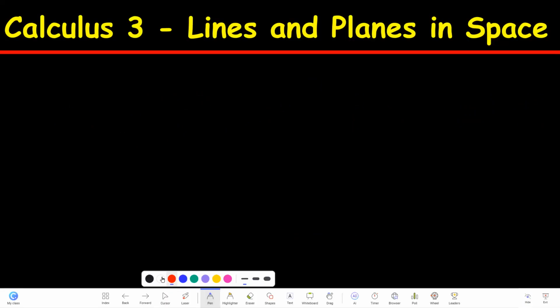Let's take a look at another problem. Last time we talked about how we can determine the equation of a plane when the normal is given. I want the equation of this plane and a normal is given here, and this normal has three components a, b, c.